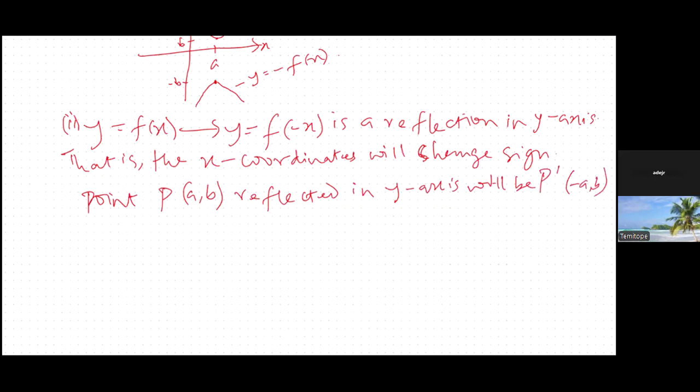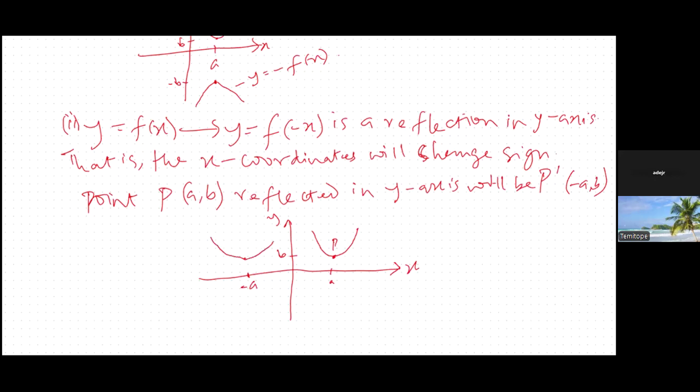So this is what we are saying in essence. I have the curve here. This is point P, say, and that is a comma b. So after reflection in y-axis, this a here will now come to minus a here. And of course, b will still remain the same. So the graph will now be this.